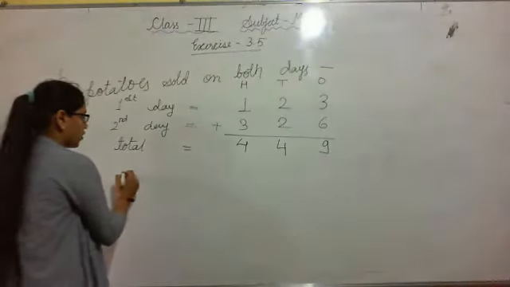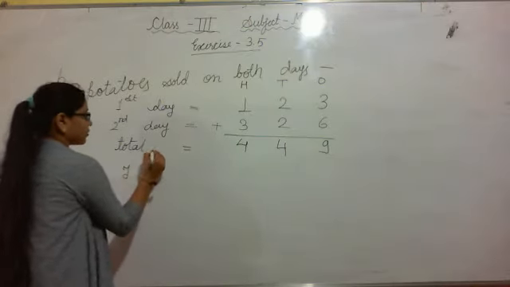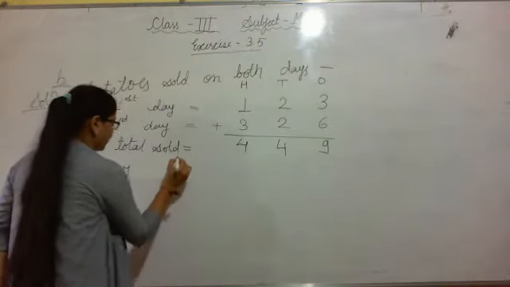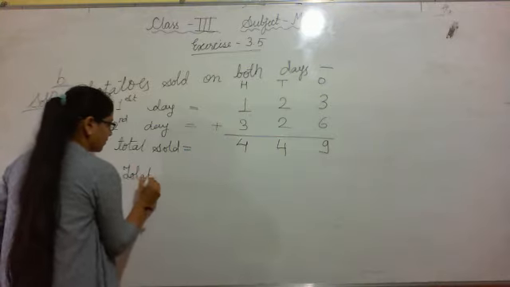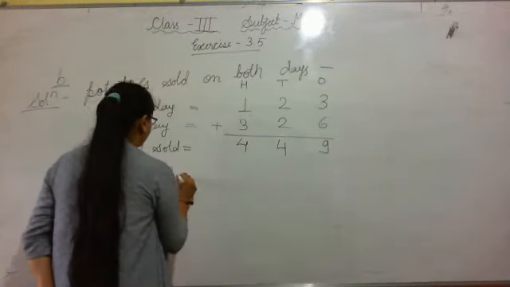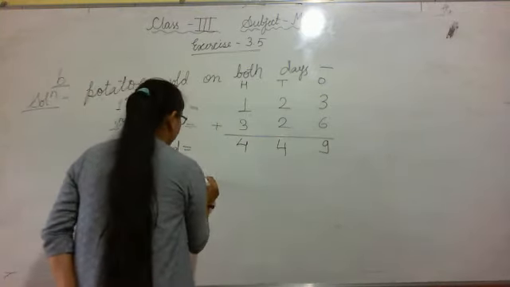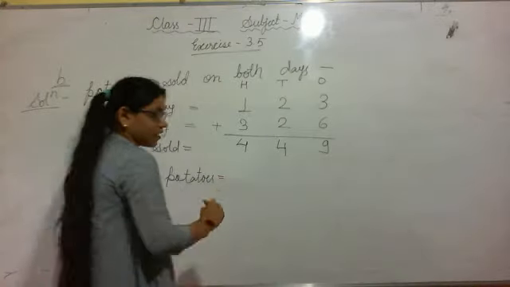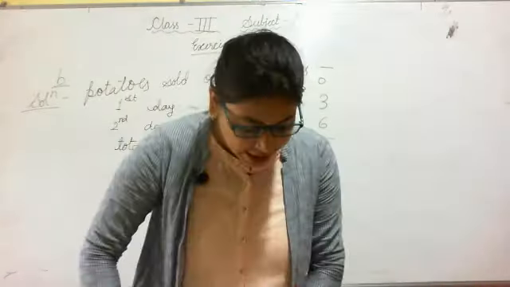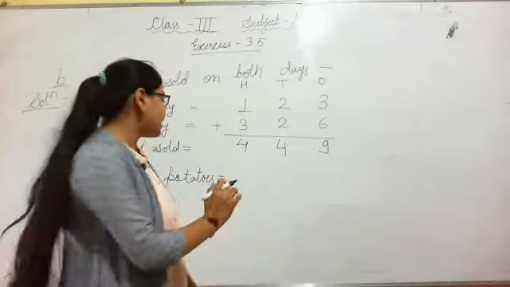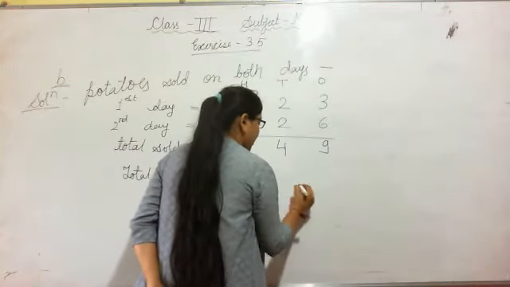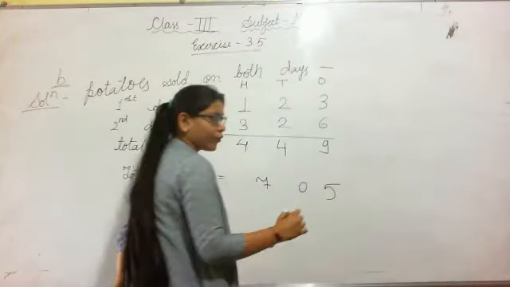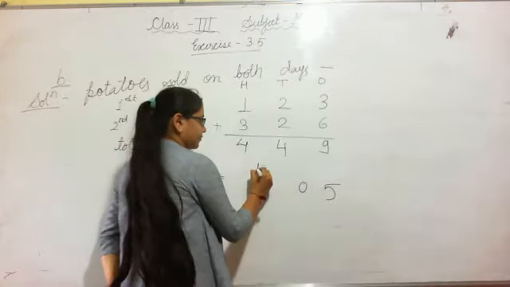So total 705 potatoes were there initially.